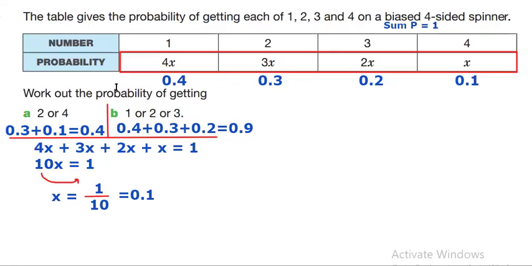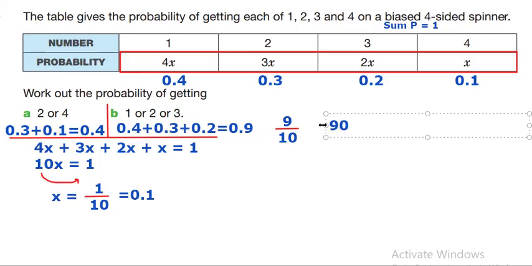Now, is it okay to write the probability as a fraction? Like 0.4 is going to be 2 over 5? Yes, no problem. Or you can write this 9 over 10, for example. Because probability can be fractions, decimals, or percentages. I can write this 9 over 10, or I can write it 90%. No problem.